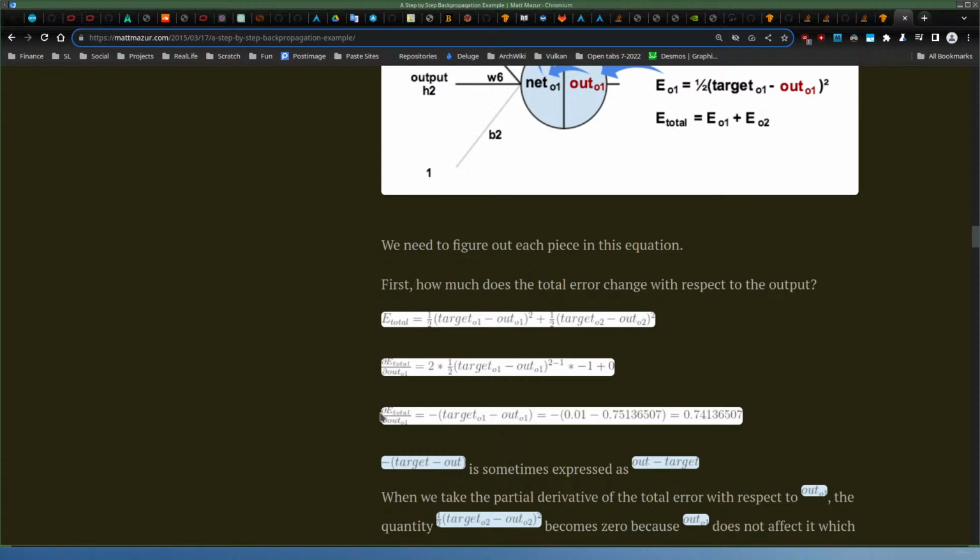The partial derivative of E total over the out O1 should be equal to a minus out O1, I think. No, the target does not drop out.